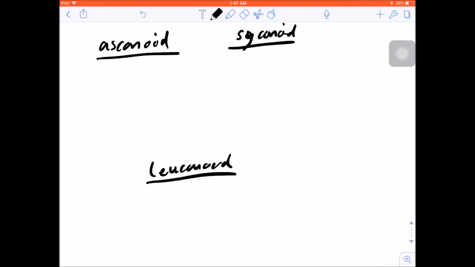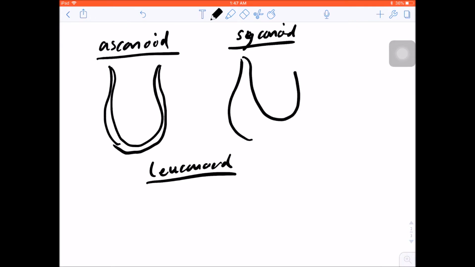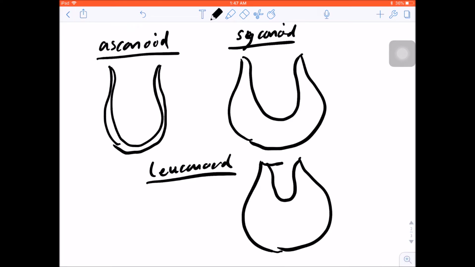The asconoid, let's draw out the main body plan first real quick. So these are all the osculum. I'm going to draw the oscula with water coming out. And let's draw the pores. So these are the pores. Leuconoid.